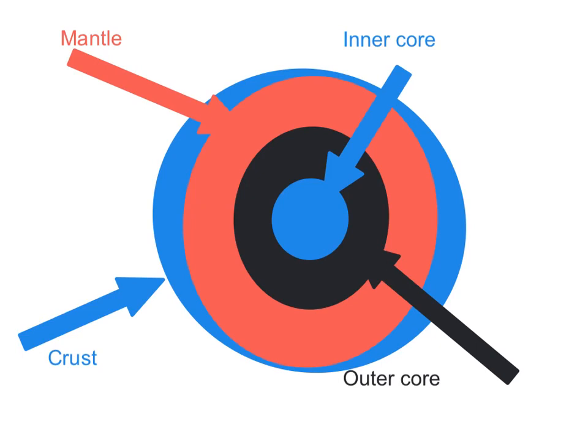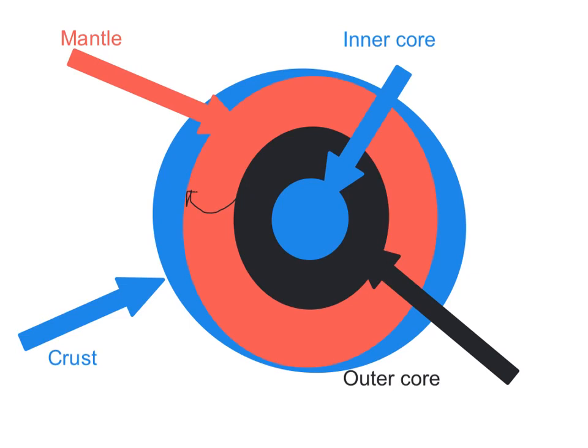So this is based on the current understanding of what drives plate tectonics. As you saw in the Khan Academy video, convection currents drive the movement of the mantle. Basically, the core heats up the bottom of the mantle through radioactive decay and causes the mantle to heat up and rise.